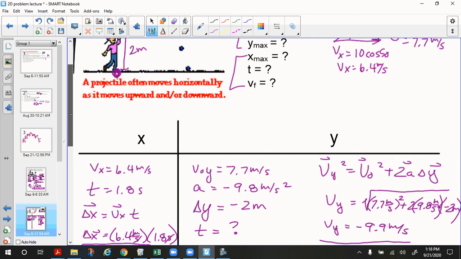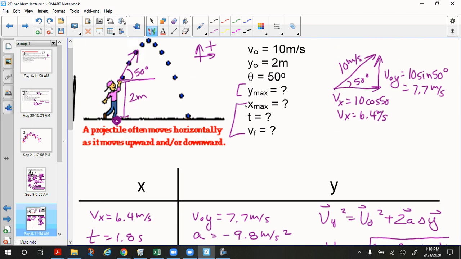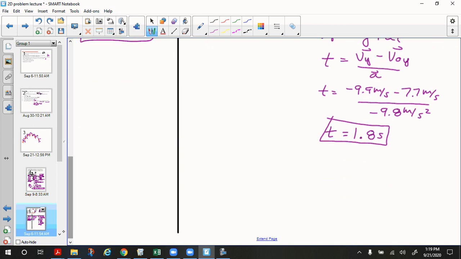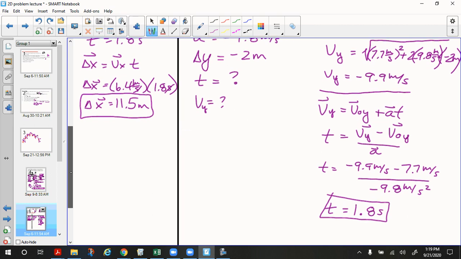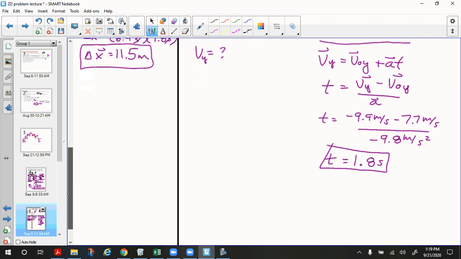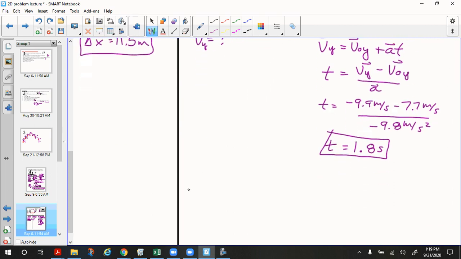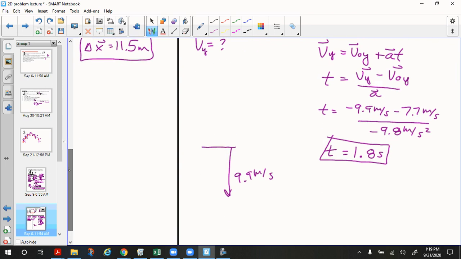All right, let's go back and reevaluate what we found here. We found the x max, we found the time. We do need to find the final velocity, so let's do that real fast. For final velocity, we know that we have a velocity of 9.9 down, and then it's still going at, I think it was 6.4, yeah, 6.4 meters per second to the right.